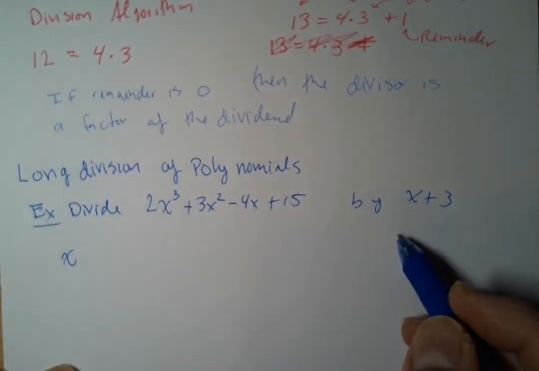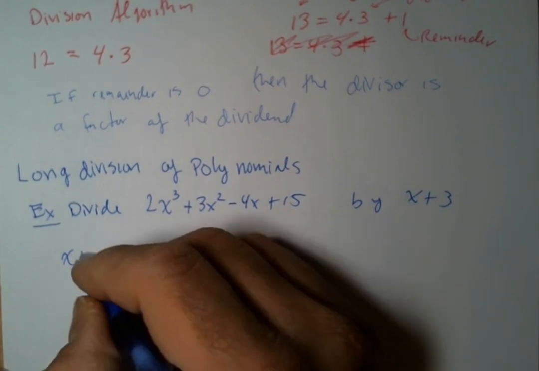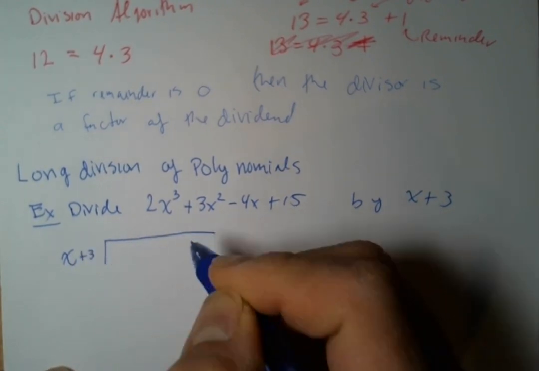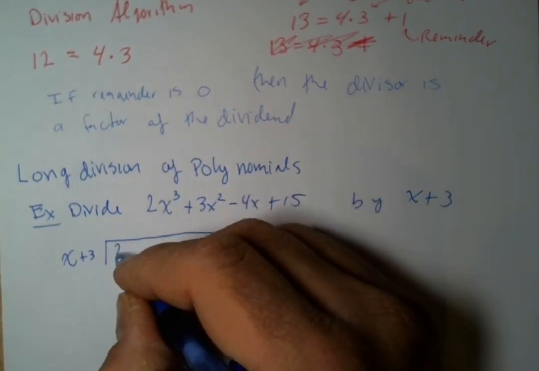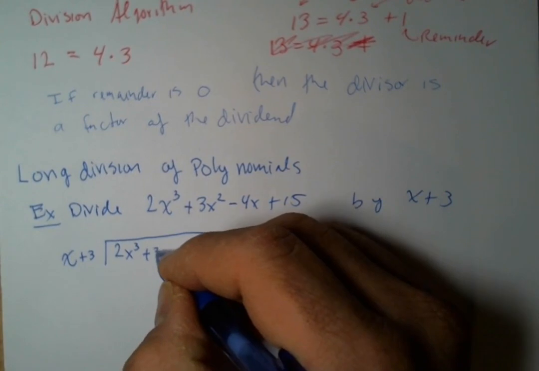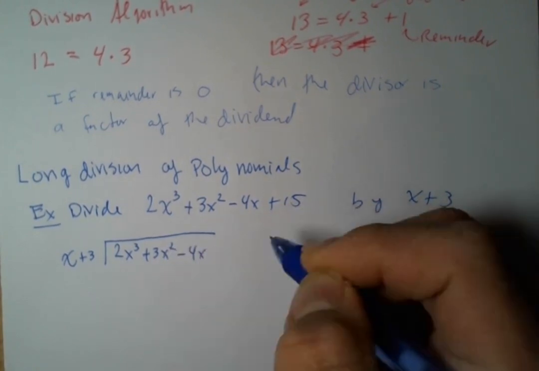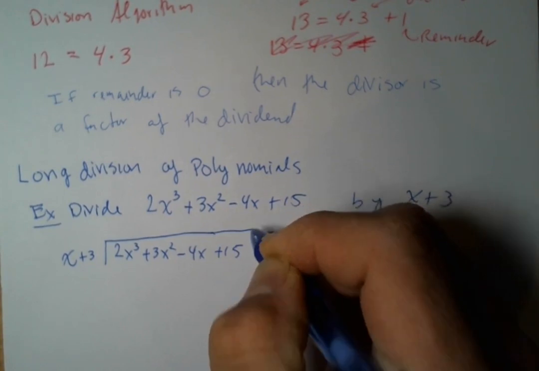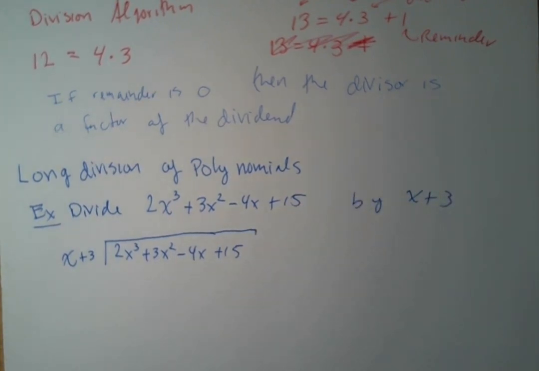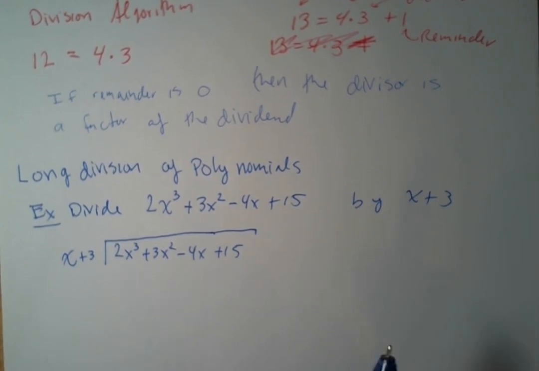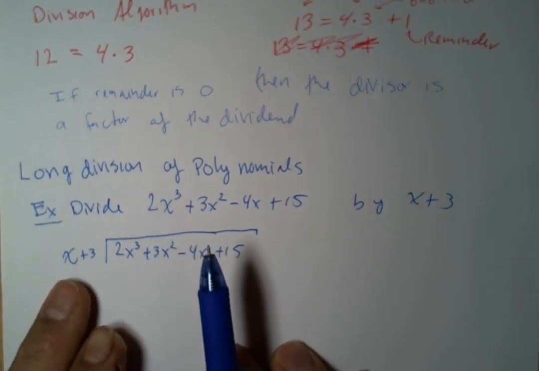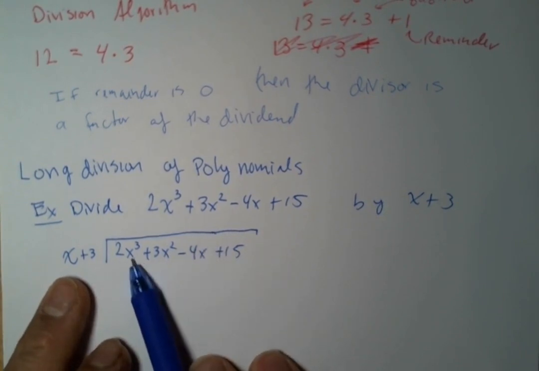So here we'll set up. This is going to be my divisor, x plus 3. And then here our dividend goes in here. Now the idea here is when we approach a problem like this, I want to focus on only the first term here, the x and the 2x cubed.